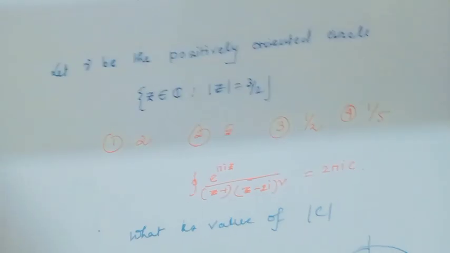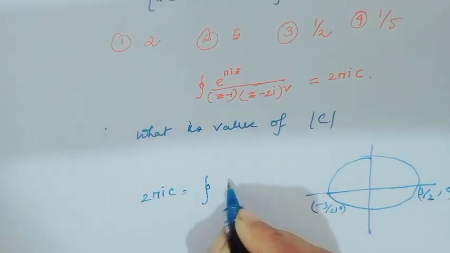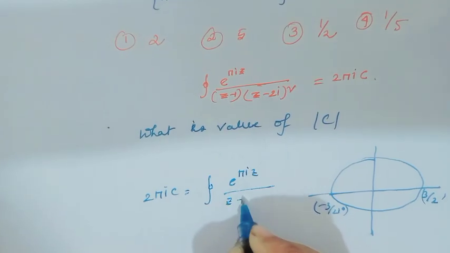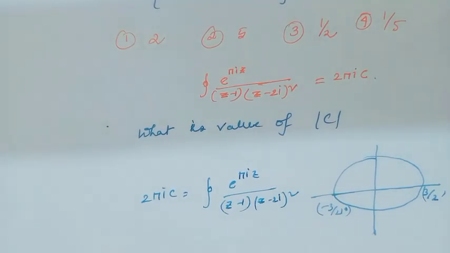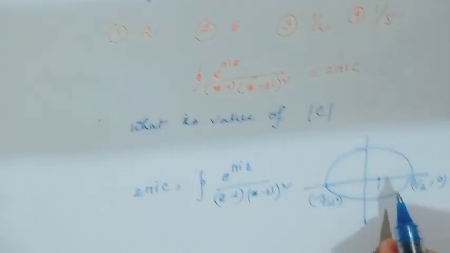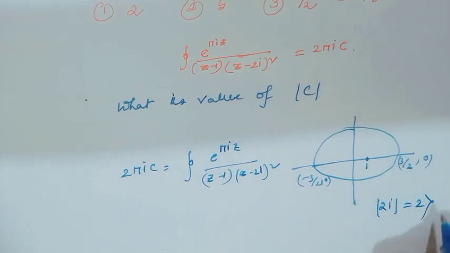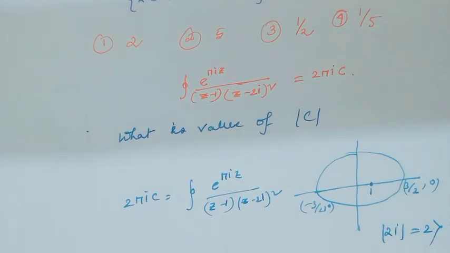And given 2 pi i C equal to the integral of e to the power pi i z over (z minus 1)(z minus 2i) whole square. And here 1 lies inside the circle and mod 2i means 2, which is greater than 3 over 2. So this is outside of the circle.